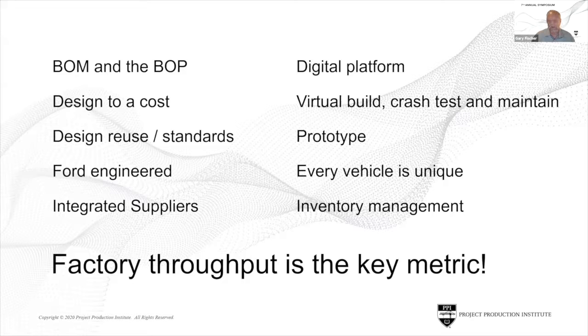They understand what it costs to make things, and they set a cost target for a particular vehicle and satisfy the customer demand that they envision, and they design to that cost. Everybody is focused on it. Again, there's a lot of tension there between the basis of design and the BOP, but everybody's designing to that, and they're designing the manufacturing process in parallel to get to that cost point. They reuse standards.